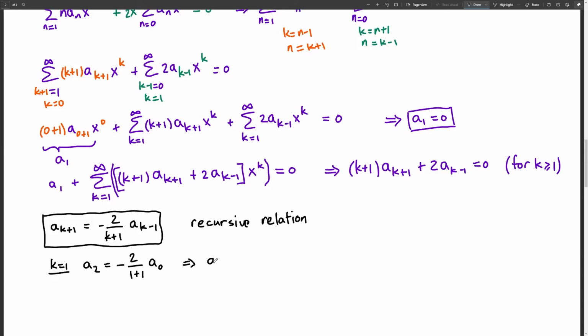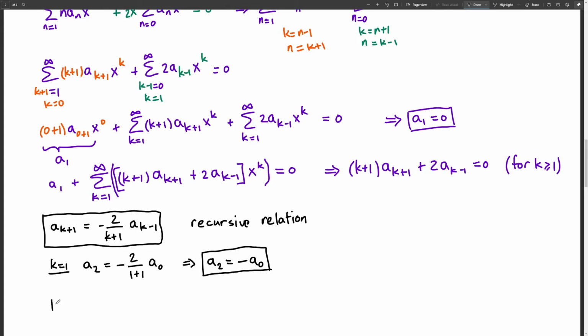In other words, a2 is negative a naught. Now, we don't know what a naught is just yet, and in fact, we will not be able to determine a naught because that depends on an initial condition for our differential equation, which is not given. So for now, we'll just write down a2 is negative a naught.